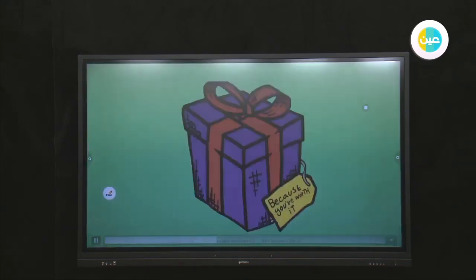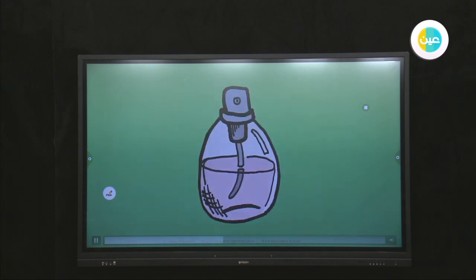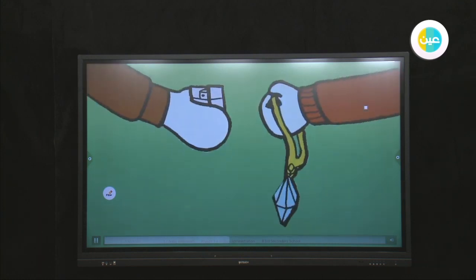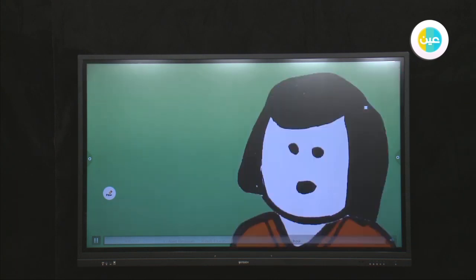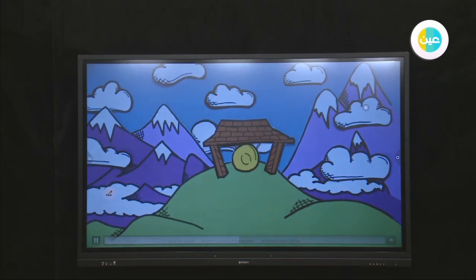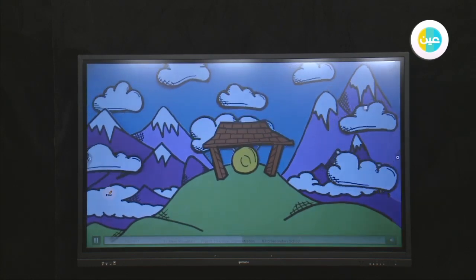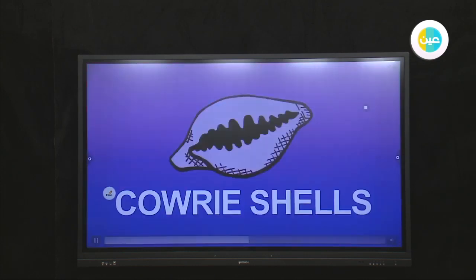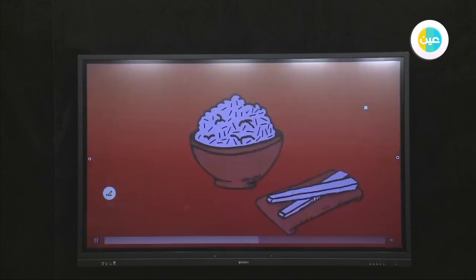It started to get even more complicated when people began using gifts like perfume, jewellery and other valuable goods. You want this perfume for that necklace? I don't like the smell of it, no. However, in China, they had started using cowrie shells as money. So instead of swapping things for other things, you could buy the things you wanted with shells.